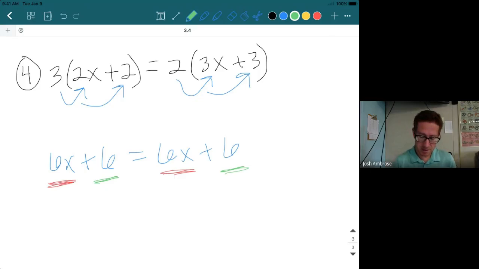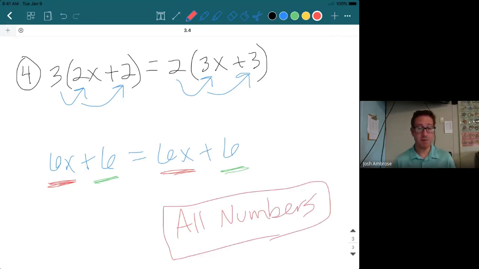So what does that mean? That means you will now get an answer of all numbers. Whatever you plug in for x, it doesn't matter what the number is, it will always work. Any value plugged in for x will work. So your solution here is all numbers. That's what you have to write.